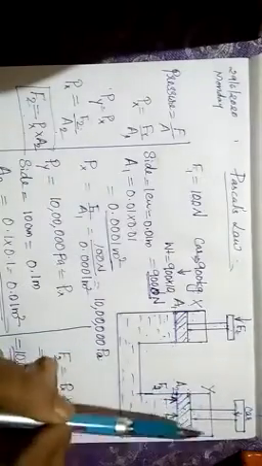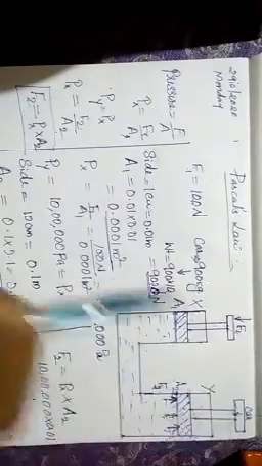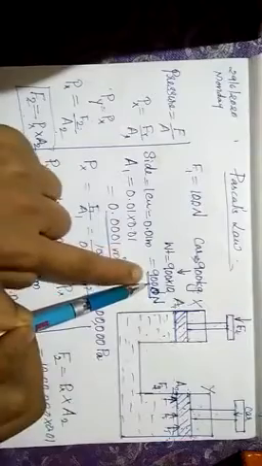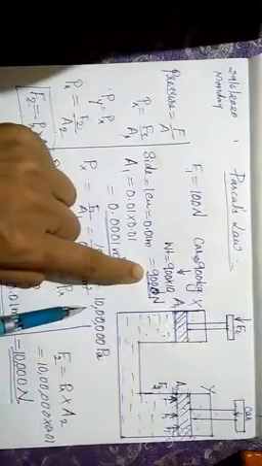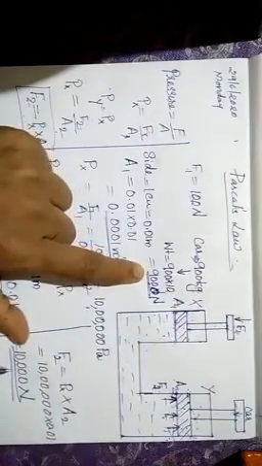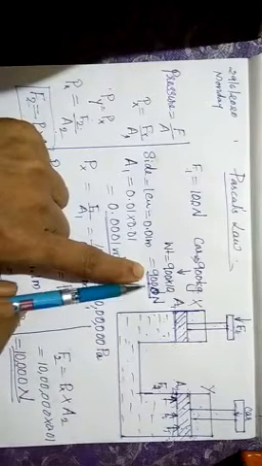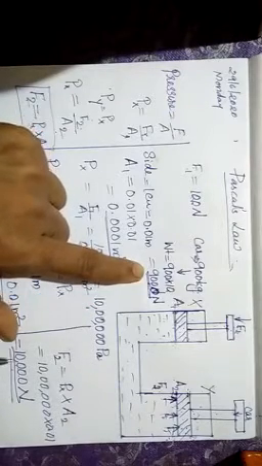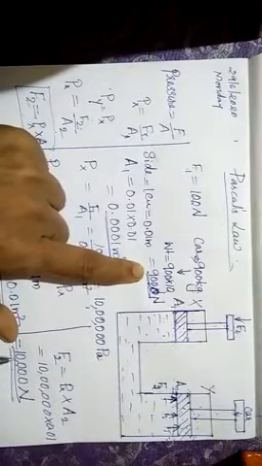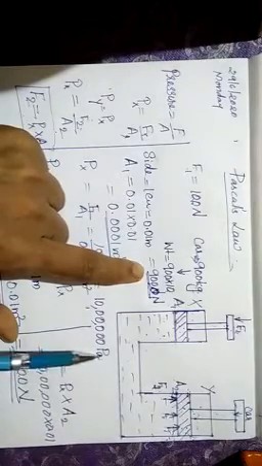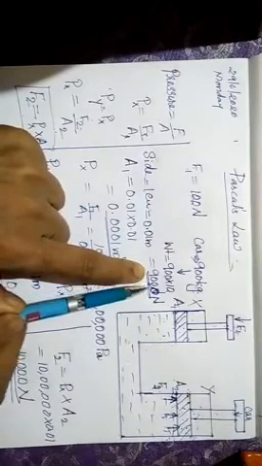So here one more thing you have to observe is the car applies 9,000 Newton in the downward direction, but the upward force of 10,000 Newton is greater than the downward force applied by the car.